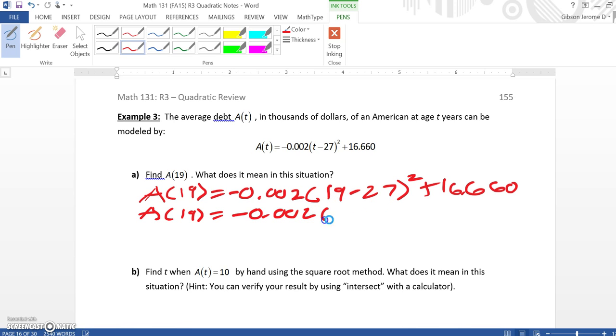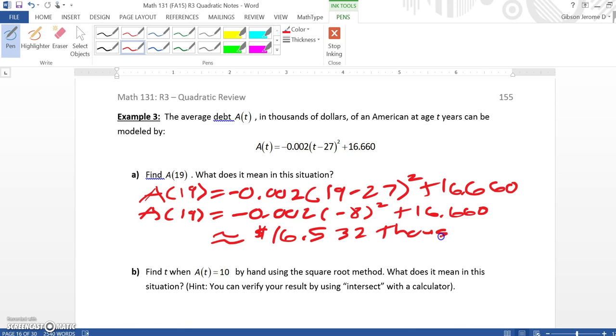We know that that will give us a negative 8, and that's squared plus 16.660. Now, when we put all of this in our calculator, that will give us the approximate value of 16.532, and this is thousands, because everything is in thousands.